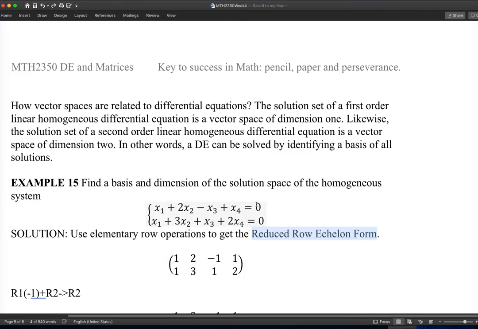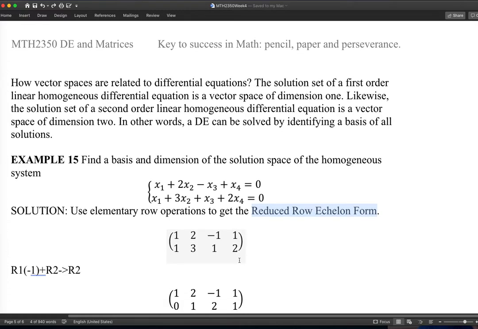Because it's homogeneous, the entire right hand side is 0, so I don't need to bother with those zeros. It doesn't matter which operation you use; the right hand side stays at 0.